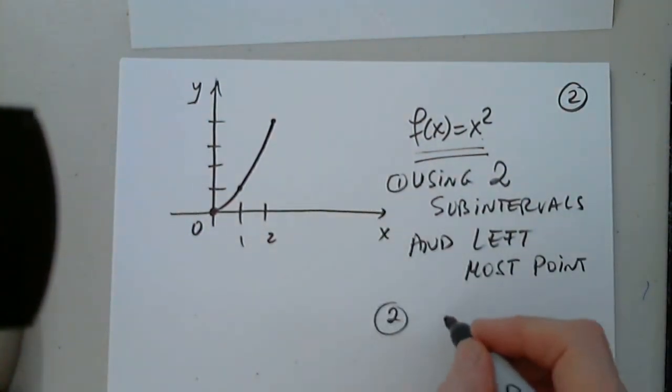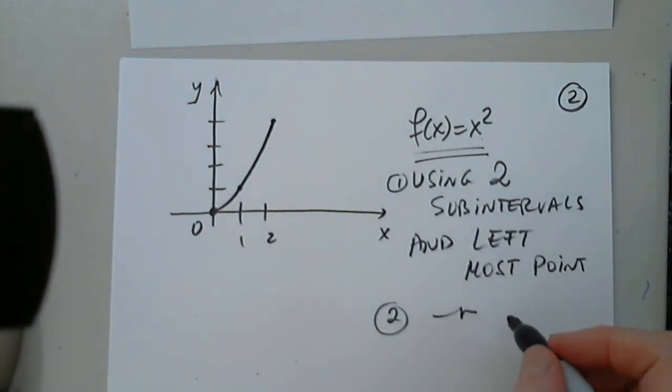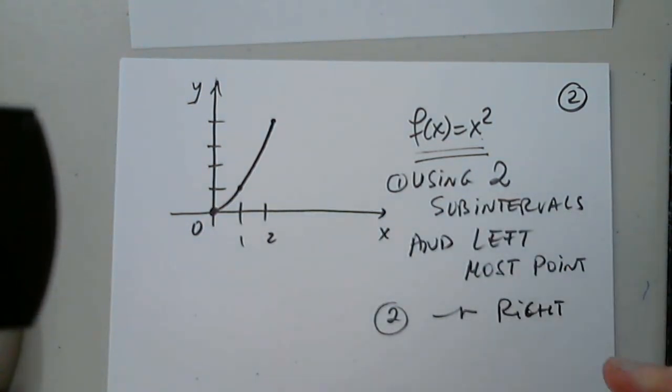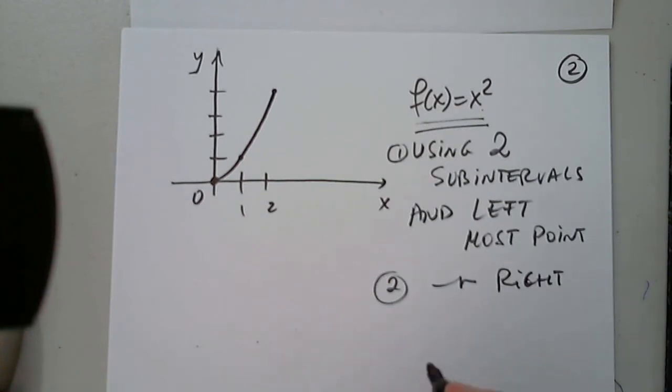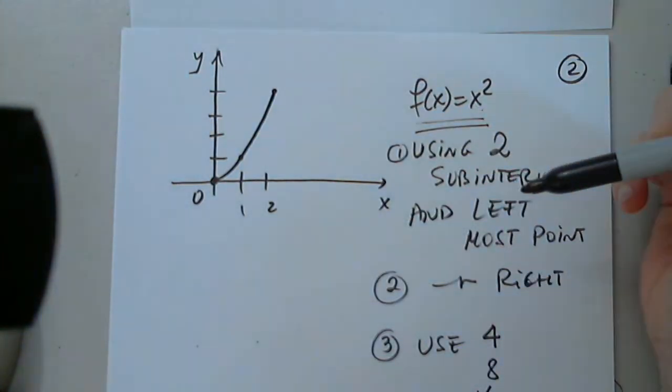Number 2, the same 2 subintervals, but using the rightmost point. And number 3, I like to use 4 subintervals, 8 subintervals, 16 subintervals, and so on and so forth. Okay, so let's see what happens.